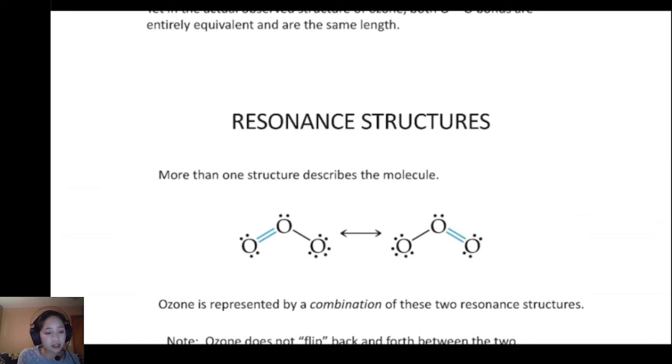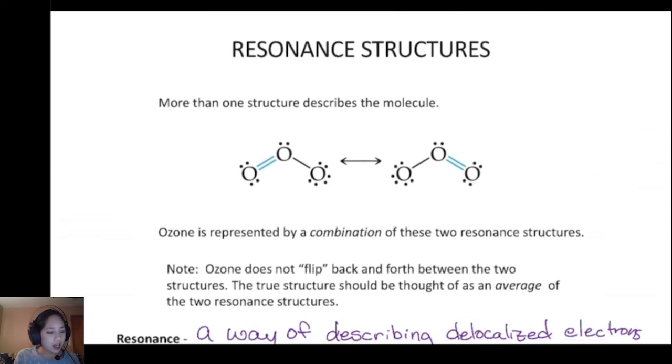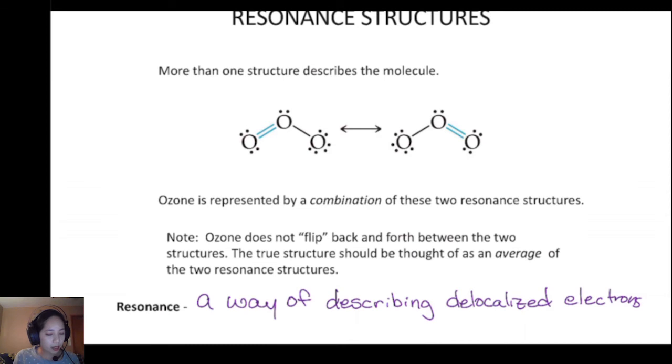You could think of the bond order between these oxygens as 1.5, which is completely possible. It's not a truly single bond, and it's not a truly double bond. It's somewhere in the middle. So it doesn't flip back and forth. It's the average of the two resonance structures, and that's why the bond lengths are equal on each side.